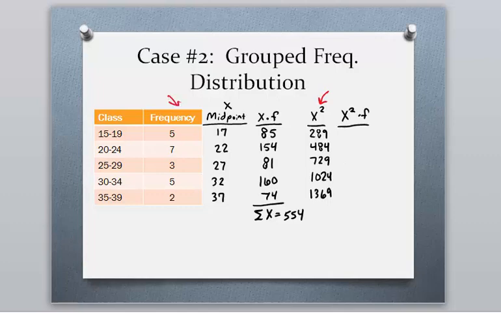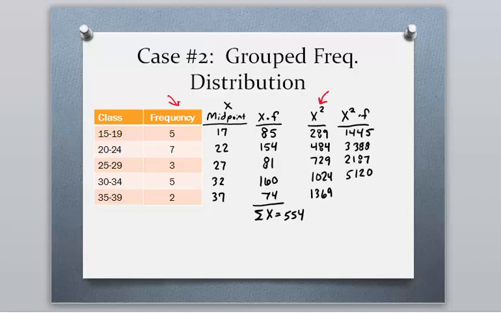So I'm going to do 5 times 289, which gives me 1445. I'm going to do 7 times 484, 3388. I'm going to do 3 times 729, 2187. 5 times 1024, 5120.